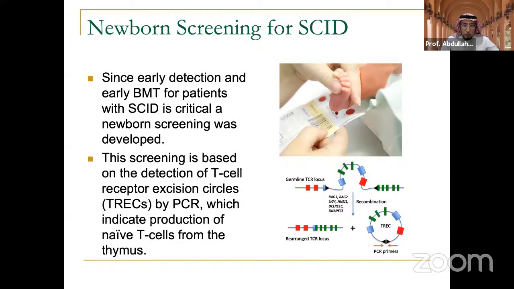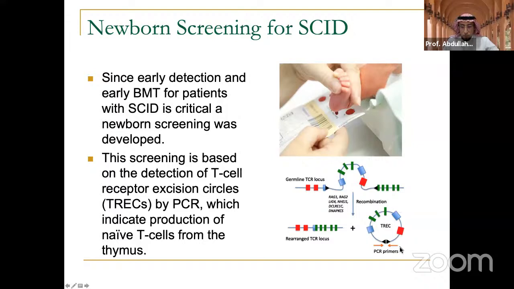There's newborn screening now for severe combined immunodeficiency that can be done together with the metabolic screening using the same old Guthrie cards. The test is called TREC, T cell receptor excision circles, which result from the development of T cell receptors in the thymus.